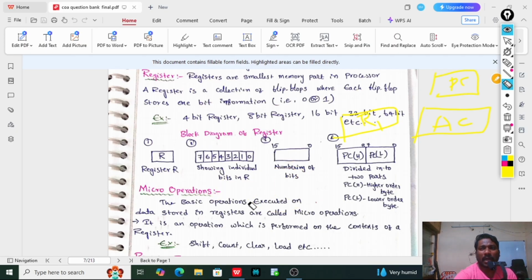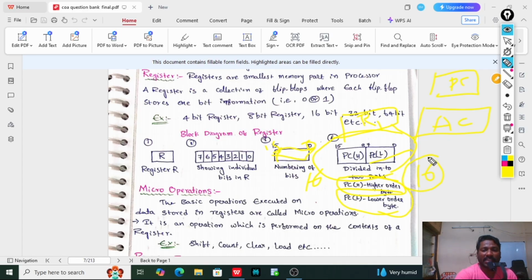Next, another representation is like this. If it is a 16-bit register, you can show 0 to 15 in a rectangular box. The 4th representation is that you divide the register into halves: the first half is called the higher order byte, and the second half is called the lower order byte if it is a 16-bit register.